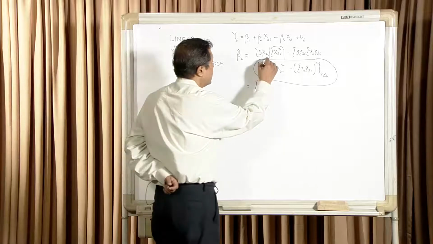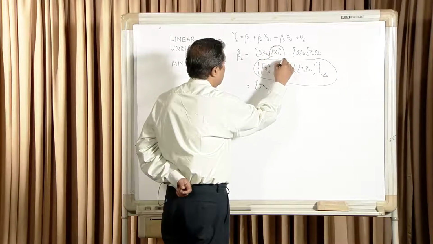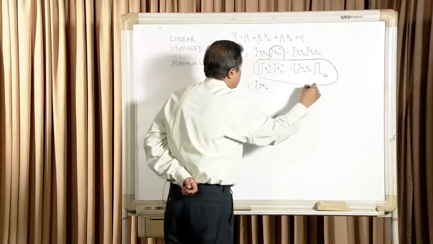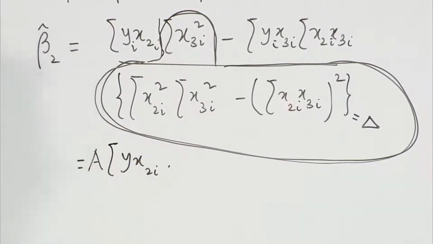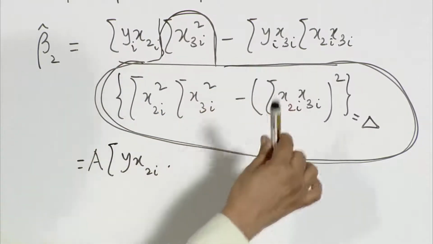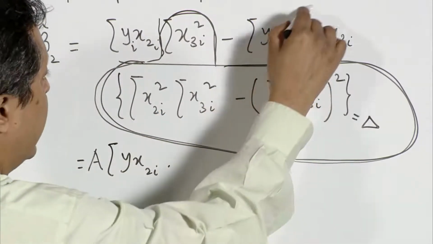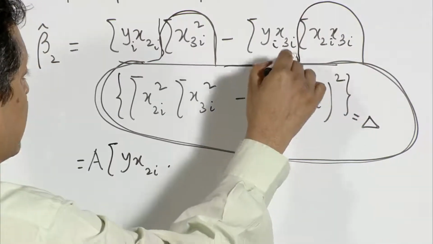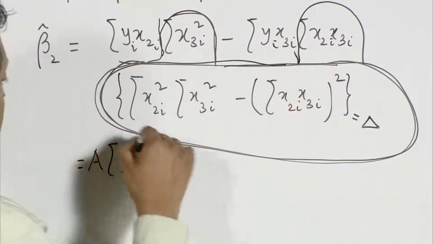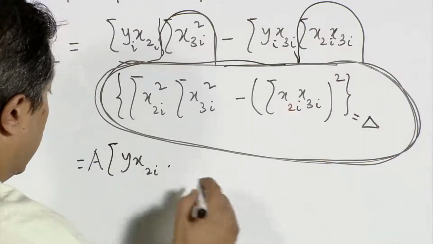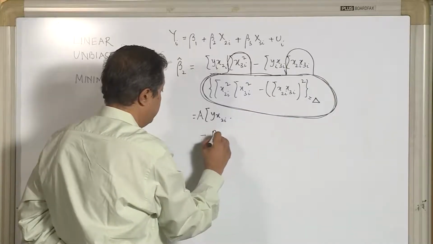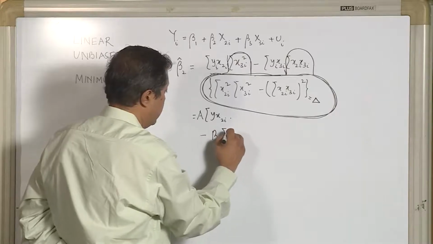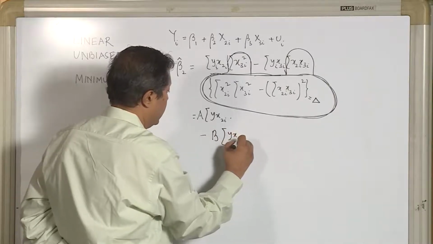This expression which I just now marked out, we can write as a weightage A. Similarly, when we look at y x3i, it has a weightage given by this expression divided by this denominator, so that we can write this as minus B times summation y x3i.